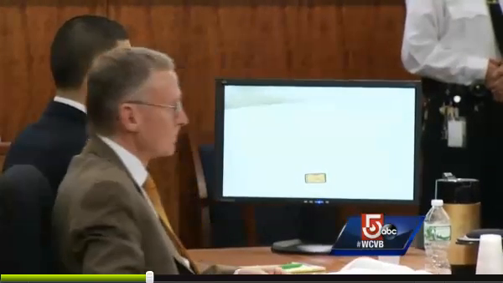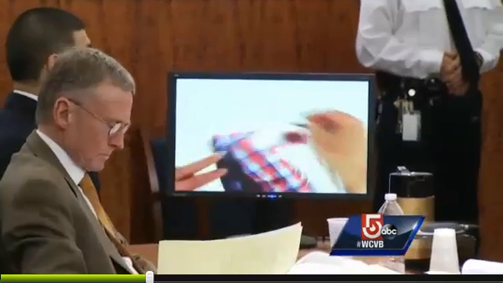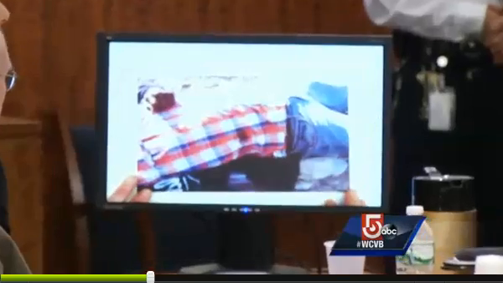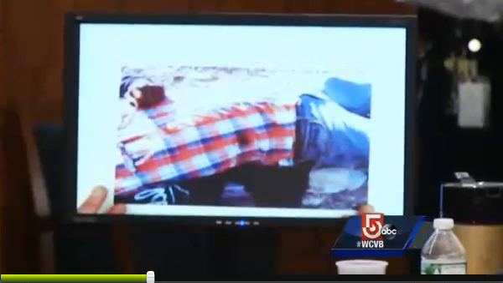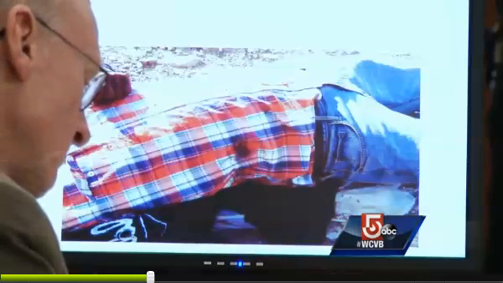Sir, I'm going to place on the overhead the mark 13A. That's the photograph I showed you a few moments ago, is that true? Correct. What does this photograph depict? The wound that we saw on his right flank, right side. Okay, and you just point that out, please. You're pointing to this area here. Correct.